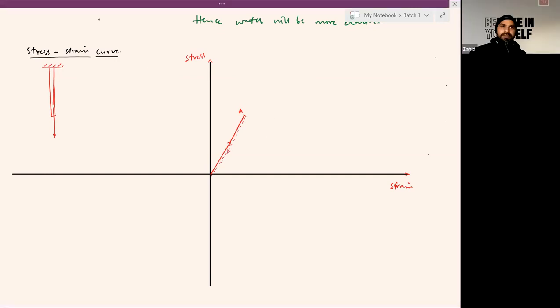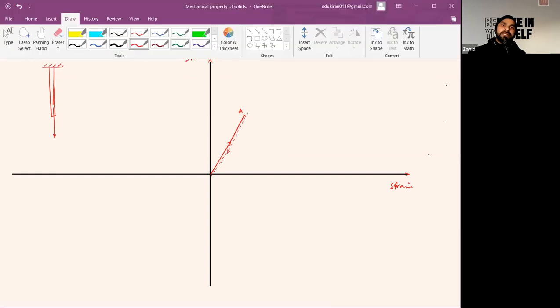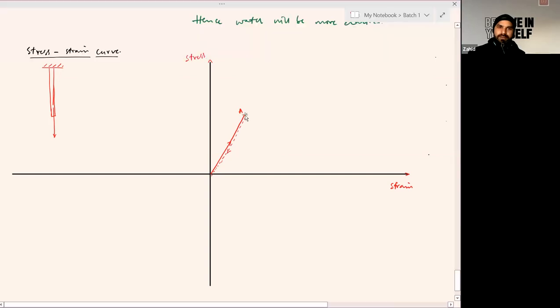Now, if you stretch a little bit more to reach point B, and now remove the deforming force, it may go back, but now it will reach a different point, let's say this point.